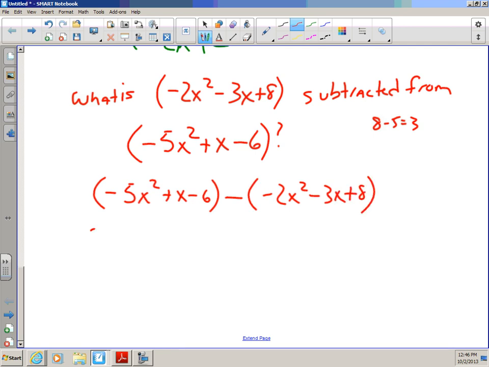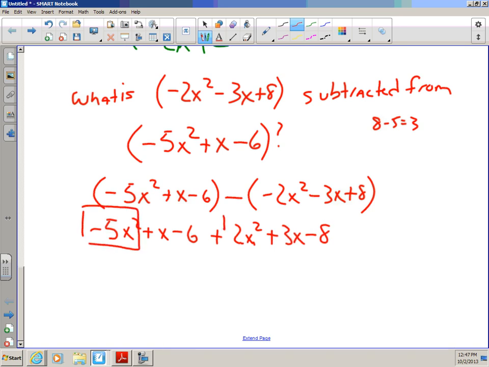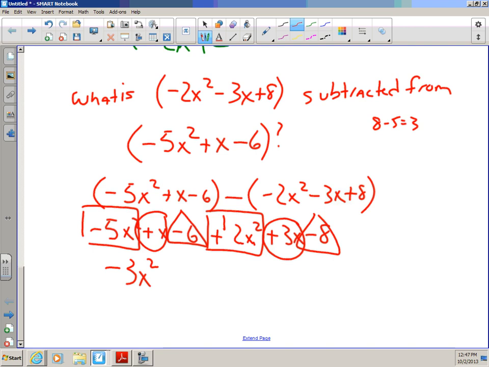Now I distribute my minus sign, and I combine my like terms. I want to make sure I pick up the sign to the left. That's very important when you have a minus to the left. So I end up with negative 3x squared, a plus 4x, and a minus 14.